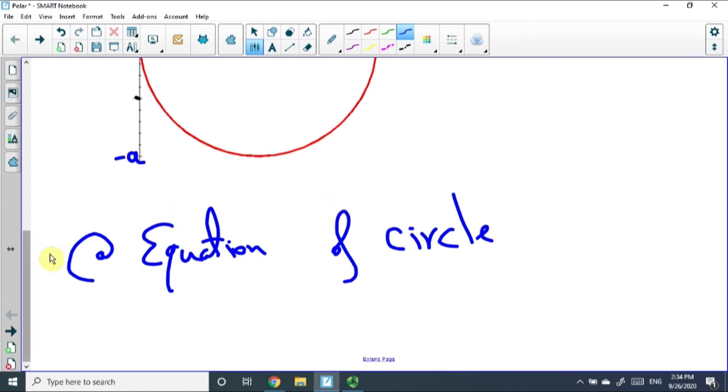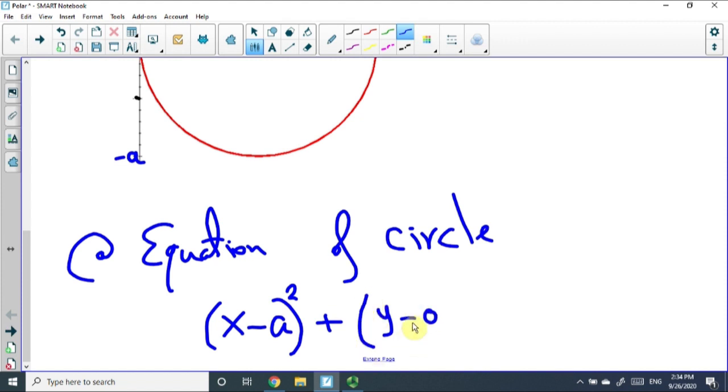Now the way to do it is, first we know the equation of a circle using Cartesian coordinates, which is x minus the x coordinate of the center, squared, plus y minus the y coordinate of the center, which is 0, squared.